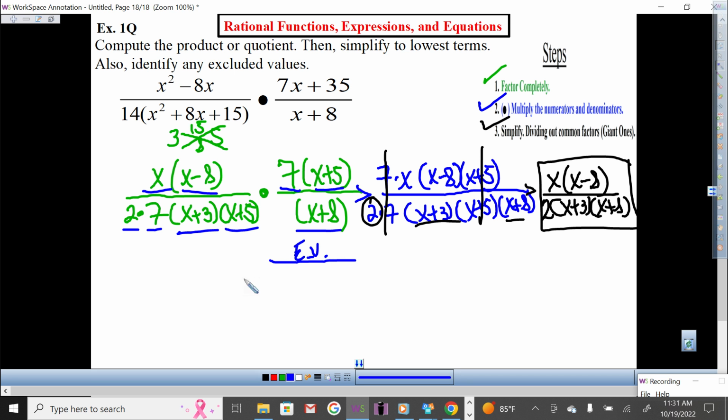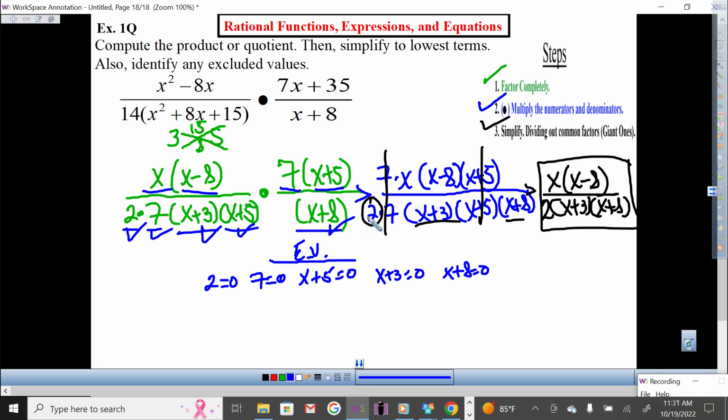Jessica, go. 2 equal to 0 and 7 equal to 0. Yes? X plus 5 equal to 0. Okay, so we got this one, and this one. X plus 3 equal to 0. That one. X plus 8 equal to 0, which is that one.